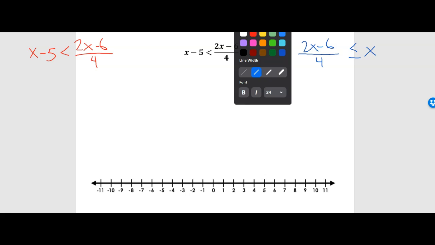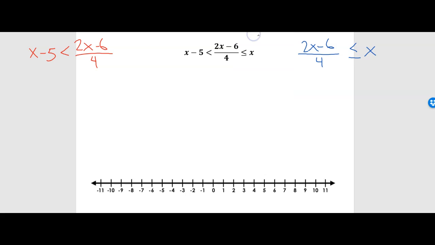I'm going to multiply both sides by 4. So I get, distribute over here, I get 4x minus 20 is less than 2x minus 6. Subtract 2x from both sides.